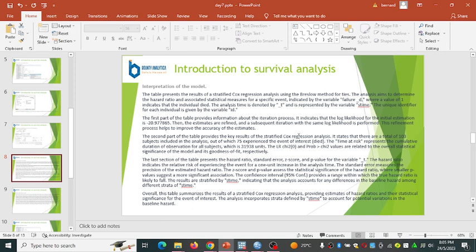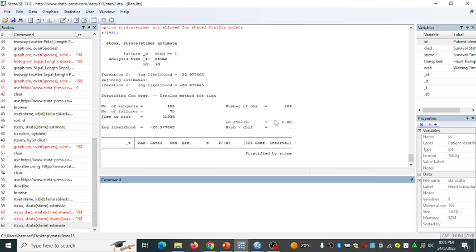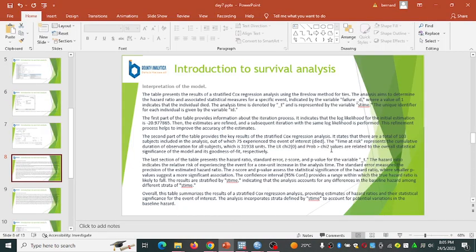the key result of the stratified regression analysis. It states that a total of 103 subjects were included in the analysis, out of which 75 experienced the event, died. This part here, number of failures, which is 75, experienced the event of interest, which is death.